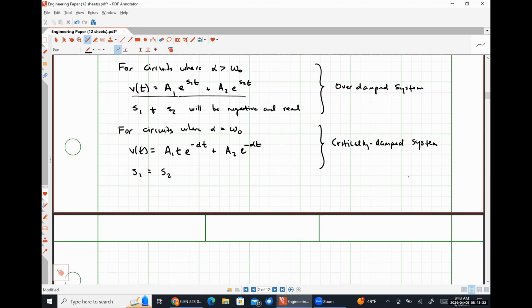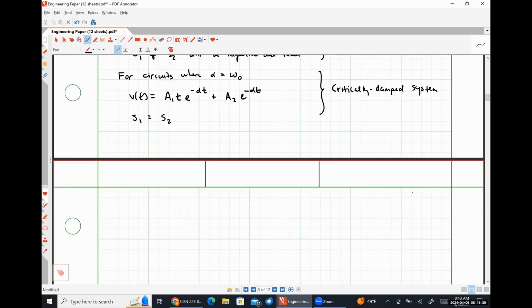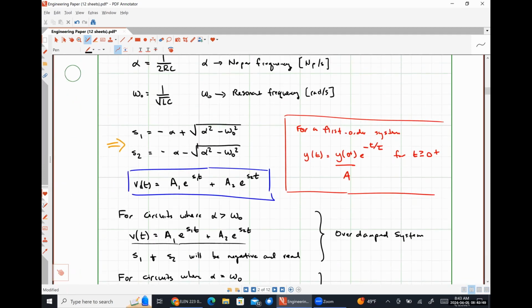Okay. So in our last case, we'll have alpha less than omega naught. So let's come back up here and let's look at S1 and S2 and see what happens when alpha is less than omega naught.